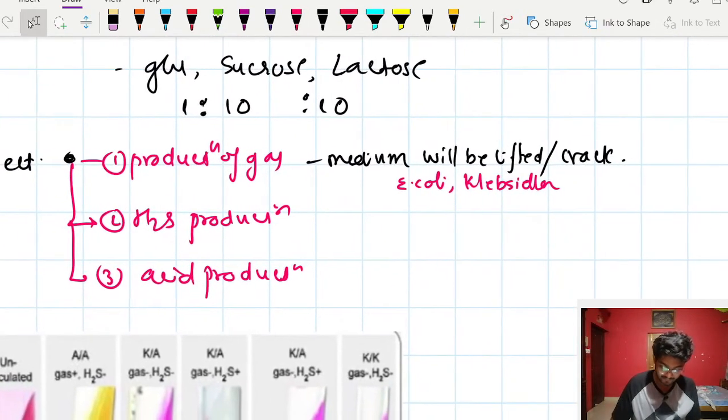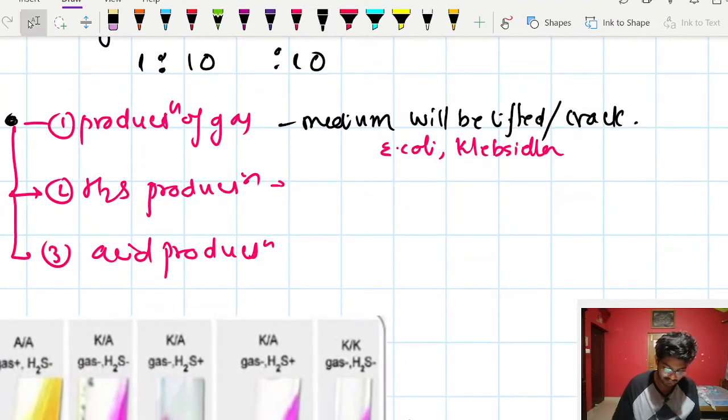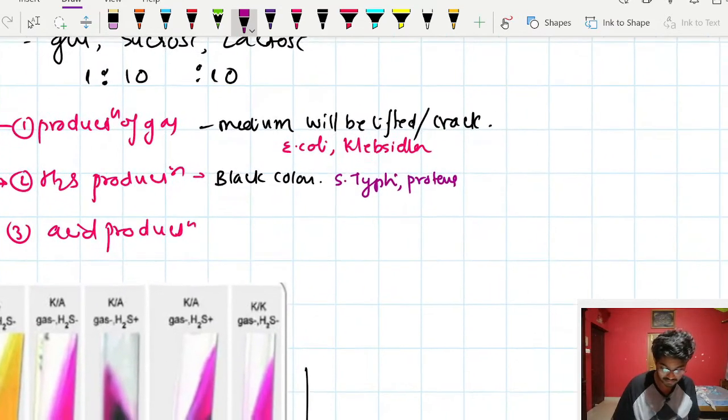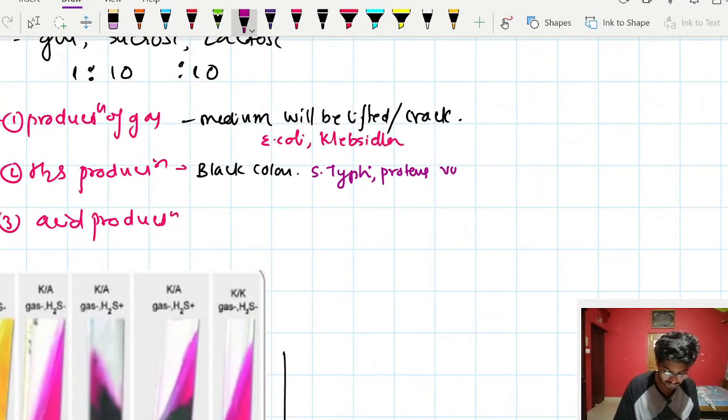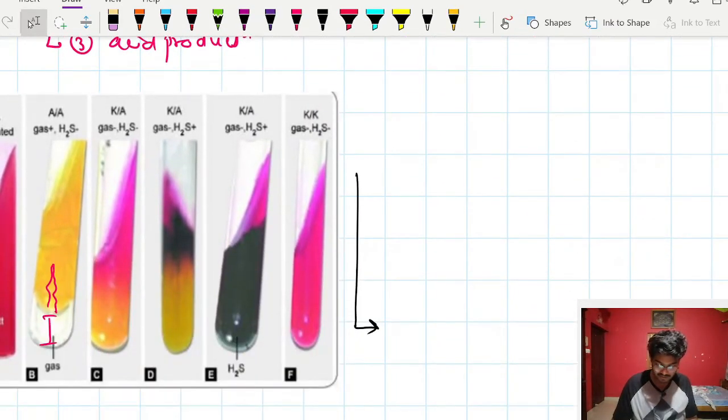Then if a bacteria produces H2S gas, there will be a black color. H2S gas is produced by Salmonella typhi and Proteus vulgaris. You see, this test tube and this test tube both produce H2S gas, so here is a black color and also this is a black color.